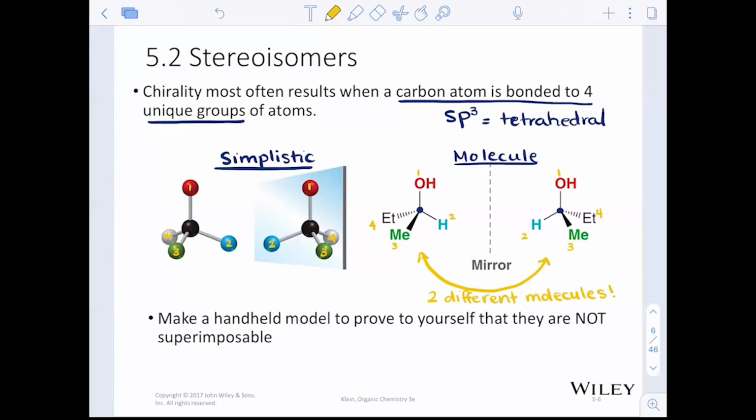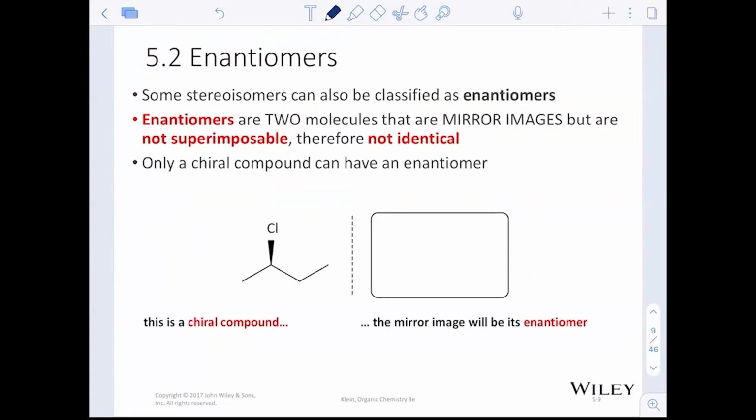They're perfect mirror images. When you can classify a compound as having at least one chiral center, when you draw the mirror image, that is a different molecule. There are 2 mirror image molecules that are non-superimposable. They are not identical. They have a special relationship. They're called enantiomers.